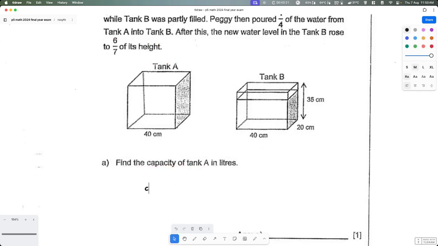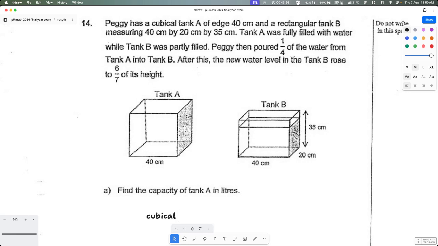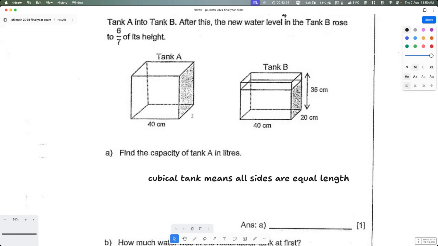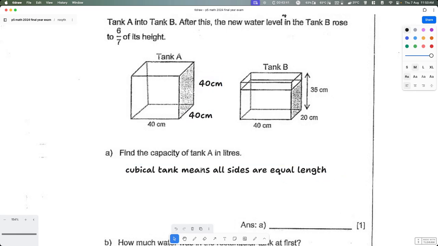Right, so cubical, what is this? It says here cubical tank means all sides are equal length. So that means this is 40. That means this is also 40. And then this is also 40 as well. Okay, so with that said, tank A is equal to length times breadth times height, which is equal to 40 times 40 times 40.